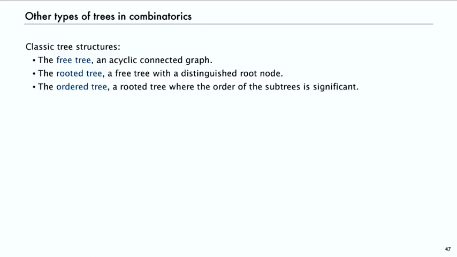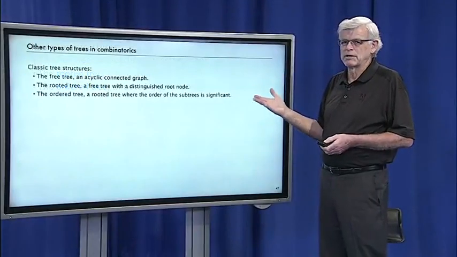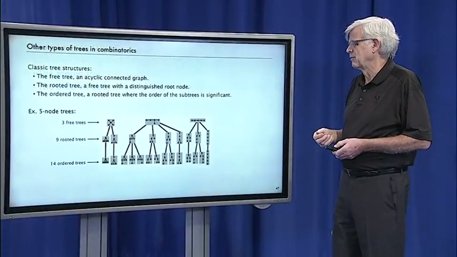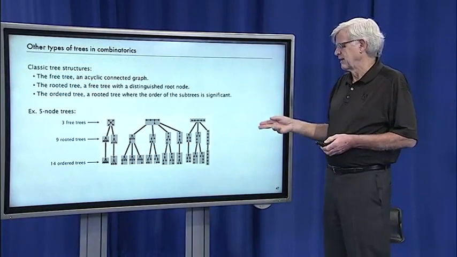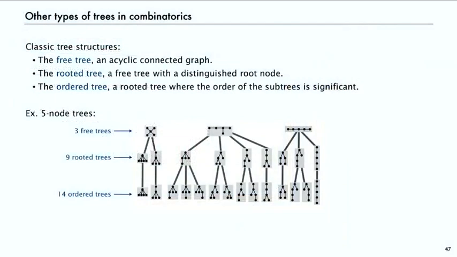And what we've been talking about, what I defined at the beginning, is really an ordered tree, because usually in computer implementations we pick an order, because we have to represent the thing in some way. This little diagram illustrates the distinction between these types of trees. These are 5-node trees.